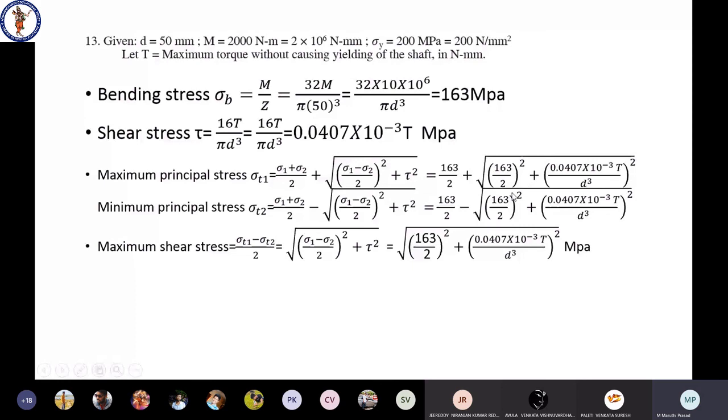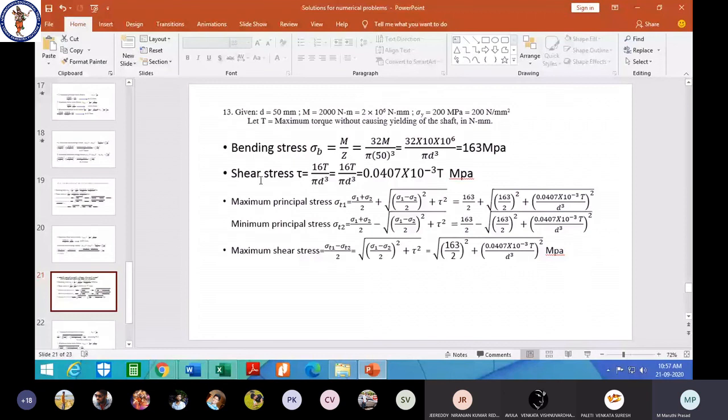81.5 plus root of 81.5 whole square plus 0.0407 into 10 power minus 3 T by D cube whole square. Here we have another mistake. Already D is given. Here what it becomes?